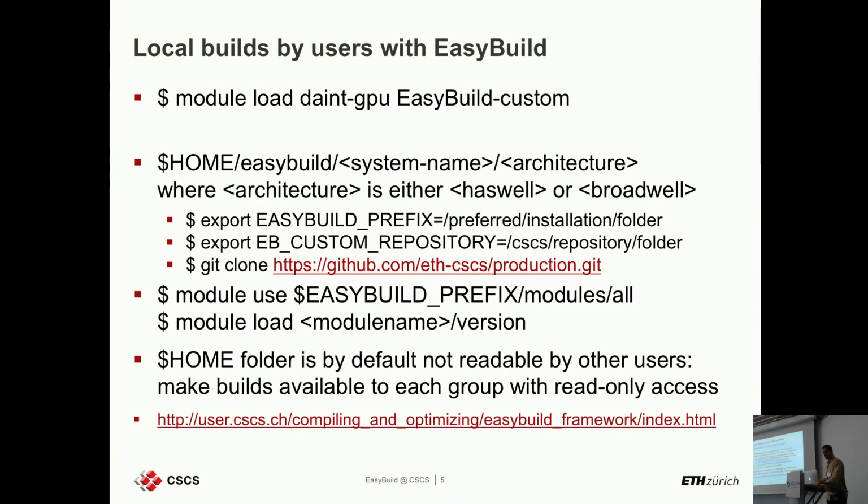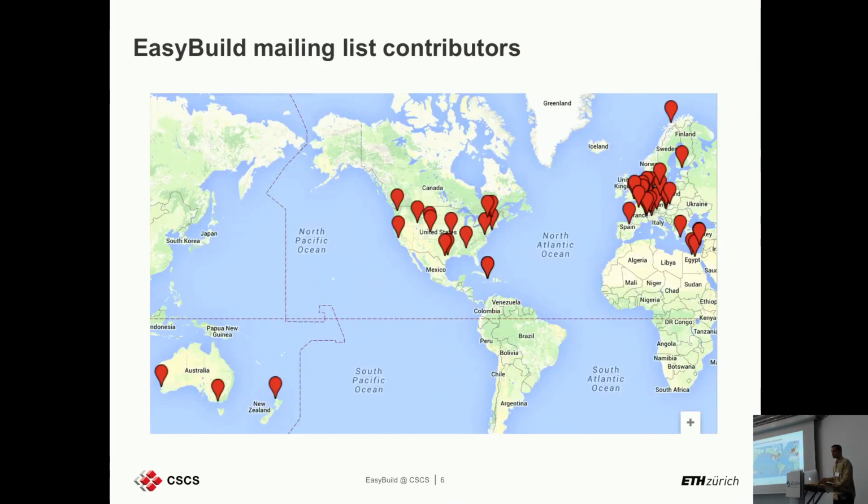Anyway, one of the main advantages that I see of EasyBuild is that it's a great collaboration network. So I've spent some time taking the affiliations from the emails that I've seen in the EasyBuild mailing list as contributions.